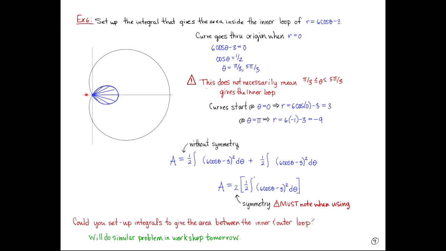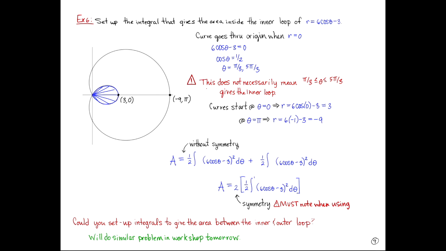Theta equal to pi corresponds to this part of the axis, but because our r is negative, it pushes us through the origin to positive 9, meaning this point on the curve corresponds to r equal to -9 at theta equal to pi, and on the inner loop, this point is 3, 0.